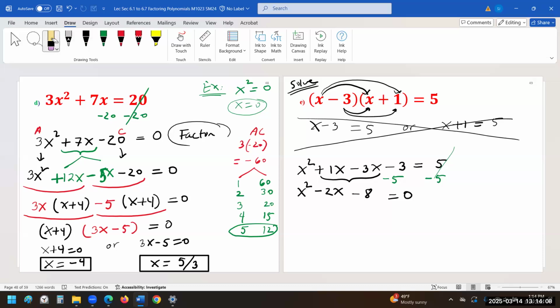Let me rewrite a little bit lower. We have x squared minus 2x minus 8. Any questions so far? So what type of equation we have? Quadratic. It's trinomial, true, but the name of the equation is quadratic.